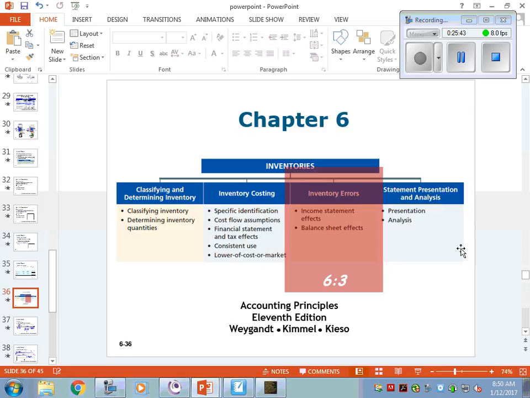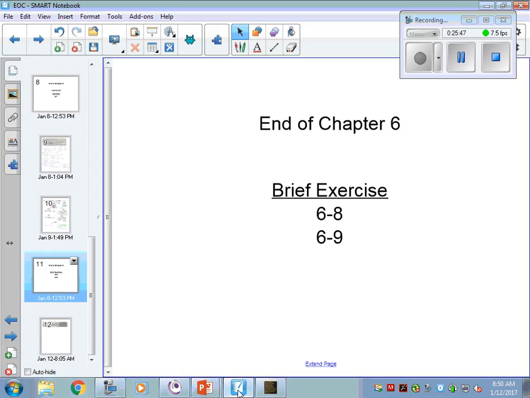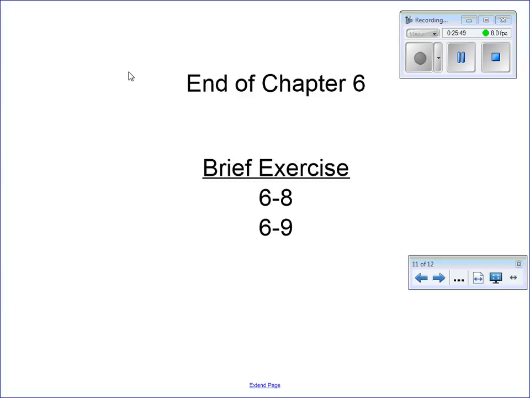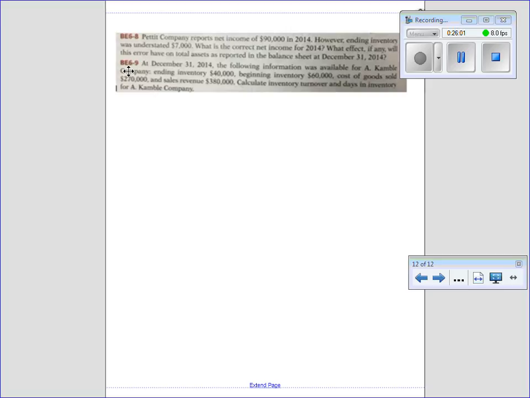Let's go to that other handout so we can complete our end of chapter work. Forgive me about the bad printout.